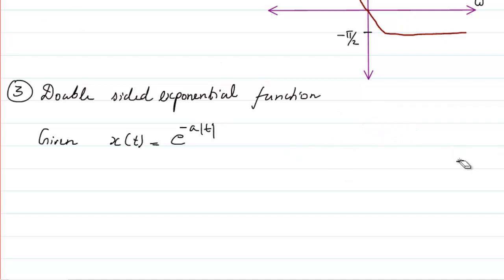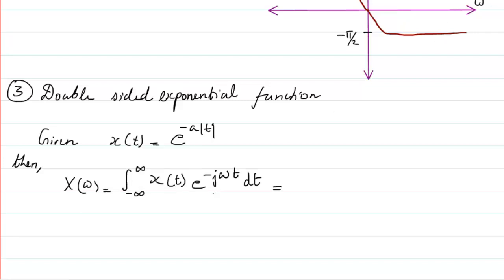So with that idea, we will try to find x of omega. We write the equation: integral from minus infinity to infinity of x of t e raised to power minus j omega t.